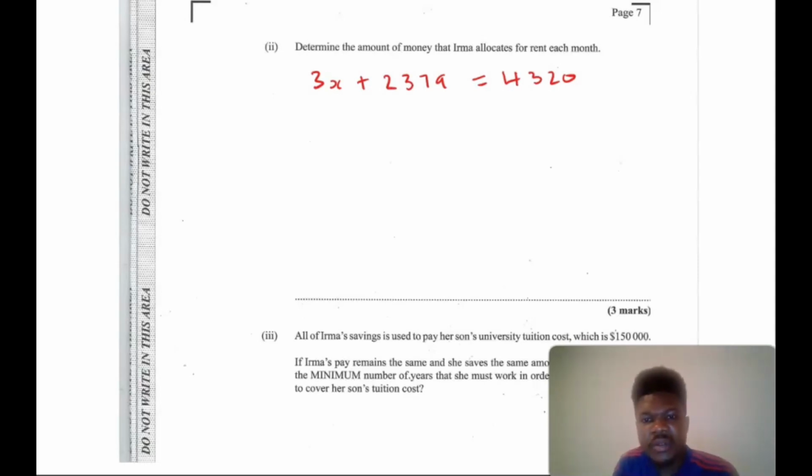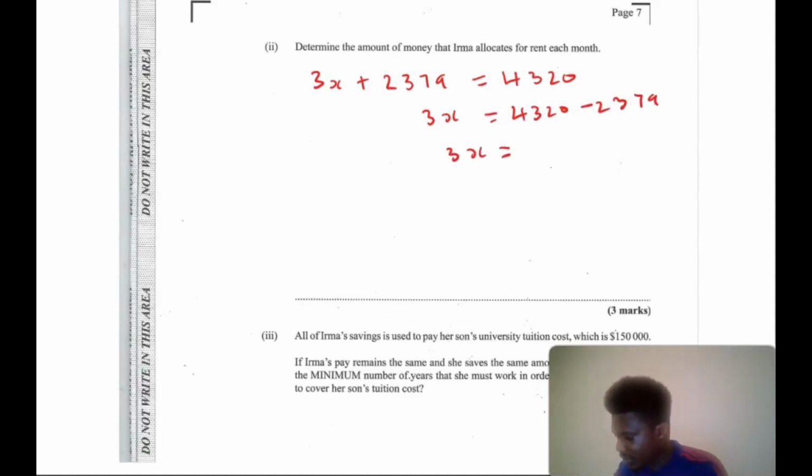So we're going to subtract 2,379. So we get 3x is equal to 4,320 minus 2,379, which gives us, let's do a quick subtraction, 1,941.